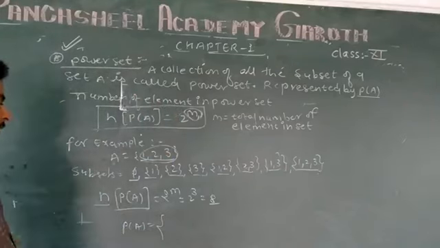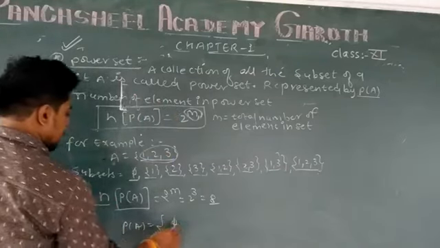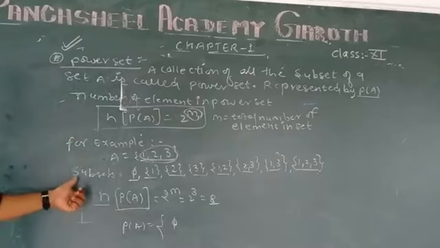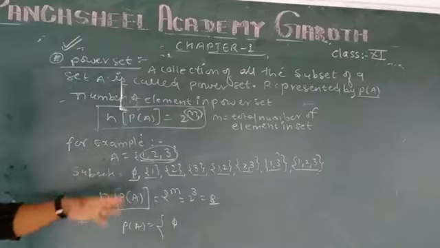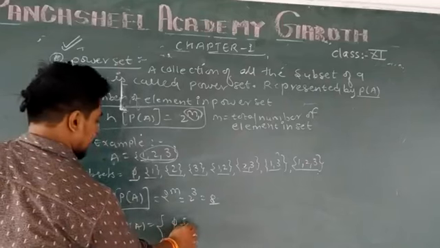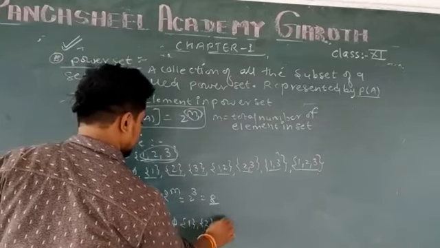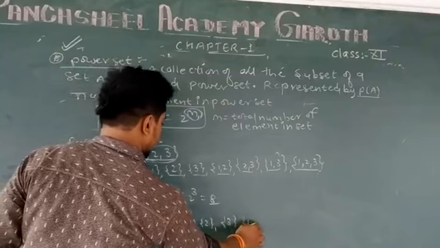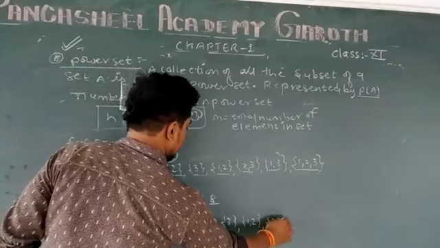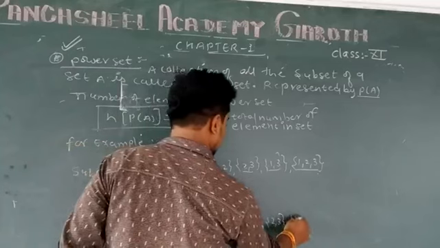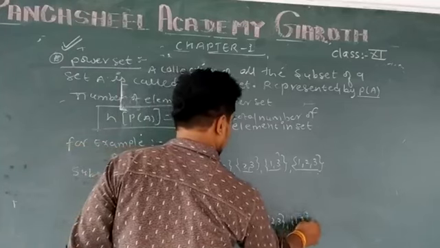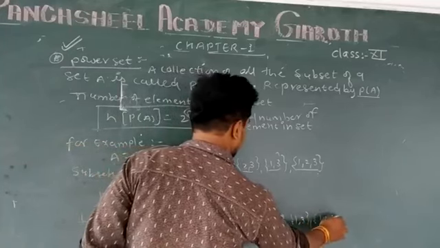The total number of elements of the power set given here is 8, because what is the power set? Collection of all subsets: the empty set, {1}, {2}, {3}, {1, 2}, {2, 3}, {1, 3}, and in the last {1, 2, 3}.